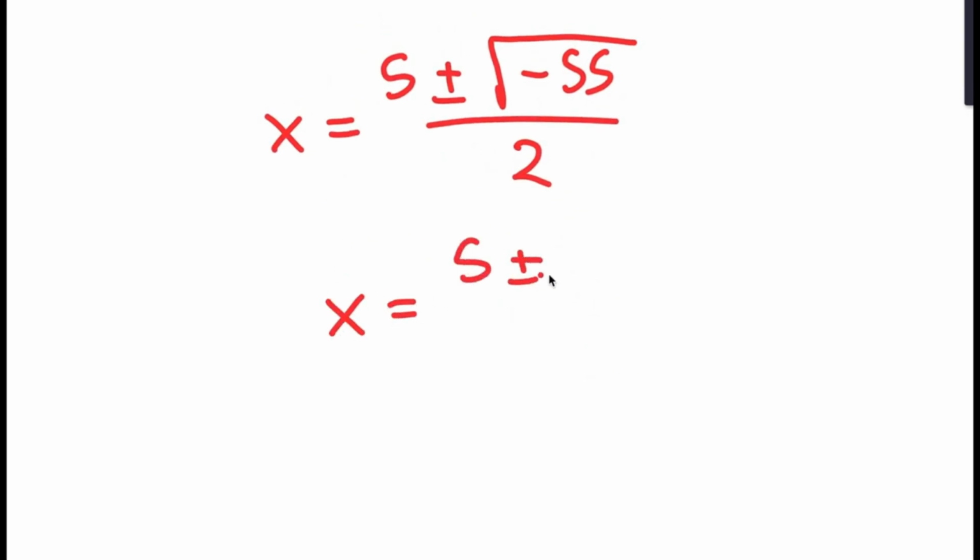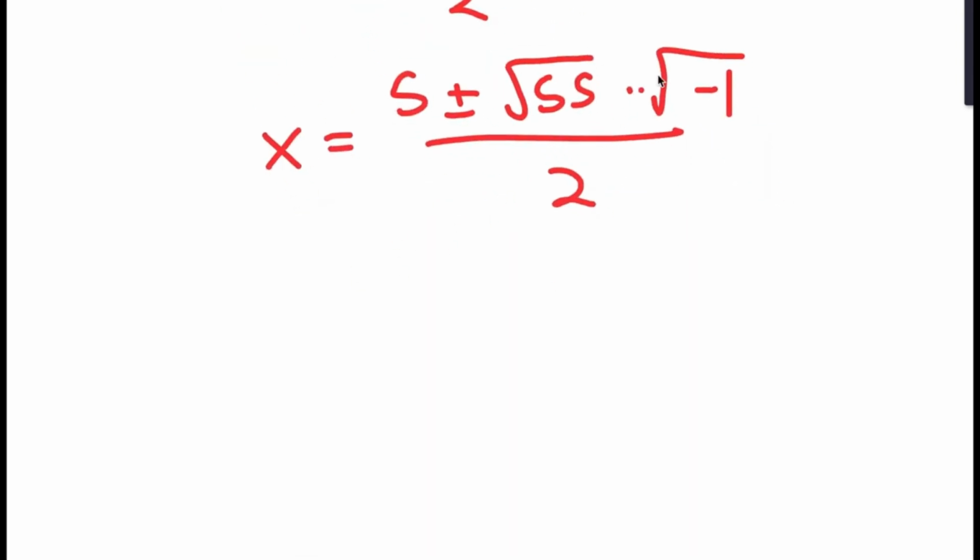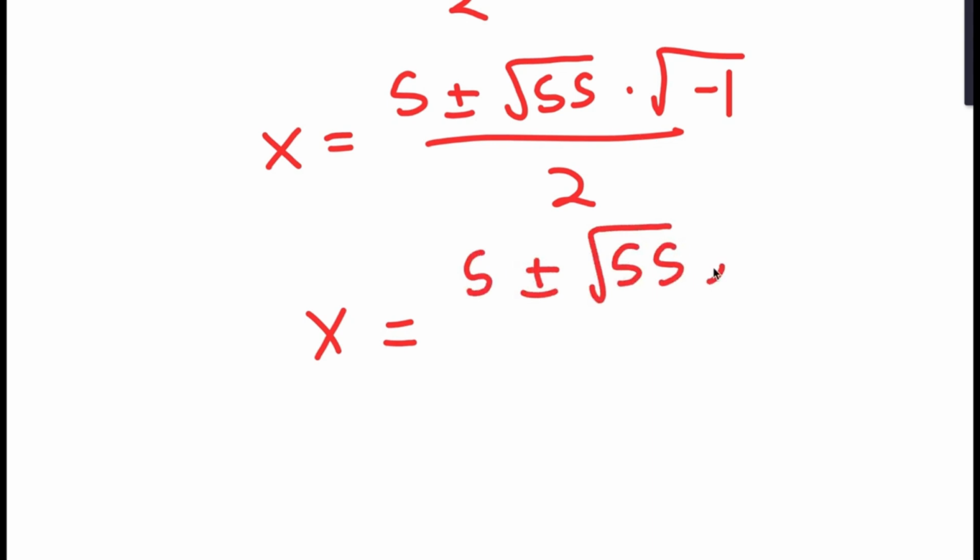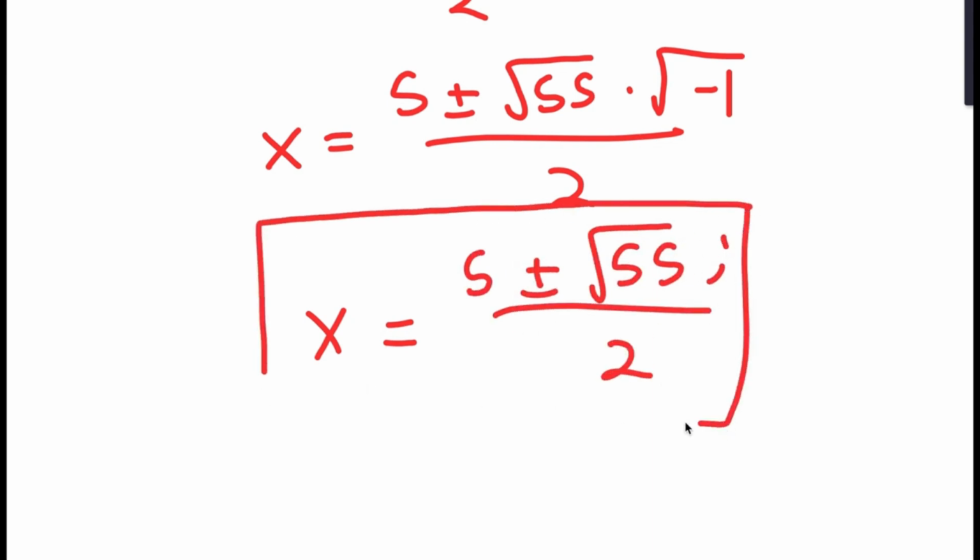Now, this is equal to the square root of 55 times the square root of negative 1 over 2. And the square root of negative 1 is equal to the imaginary number i. So I get 5 plus or minus the square root of 55 i over 2. So these are two more solutions to this equation.